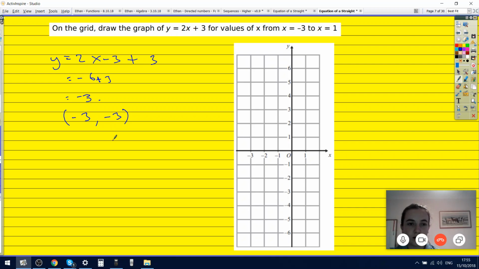Then y equals 2 times 1 plus 3, which is 2 plus 3, which is 5. So then it's 1, 5.